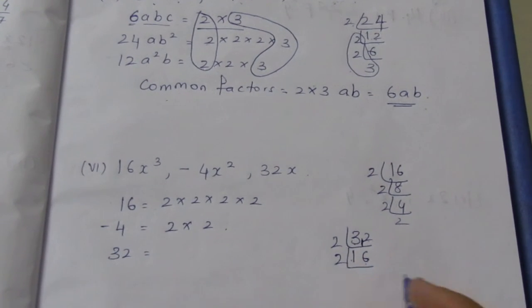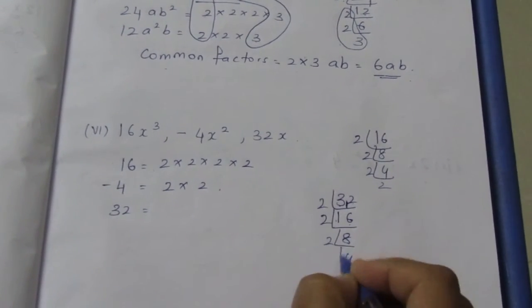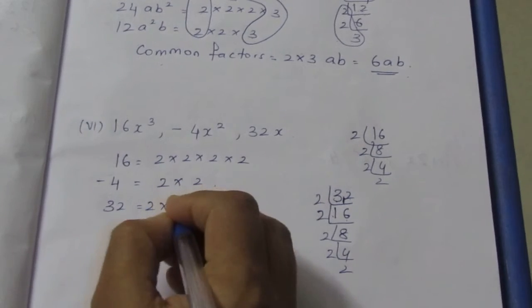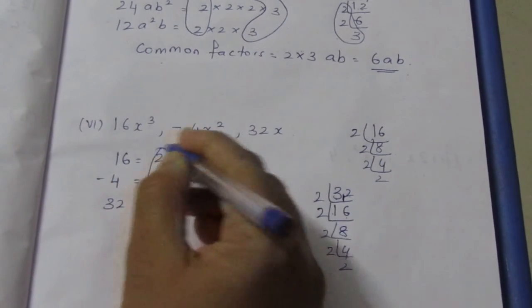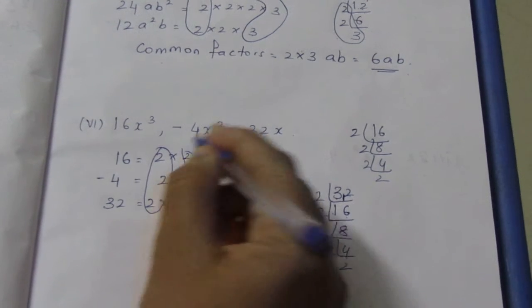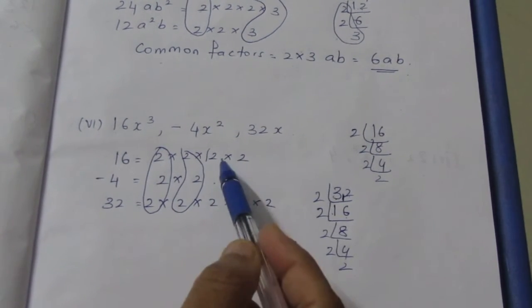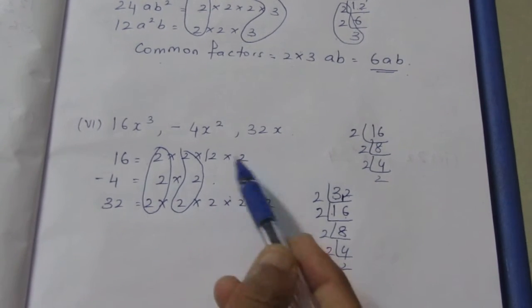It goes in 2 tables. 2 sixteens are 32. 2 eights are 16, 2 fours are 8, 2 twos are 4. Here we have five 2s, so 2 into 2 into 2 into 2 into 2. Now circle the common numbers. They should be common in all the 3. Though we have common 2s in these two, we can't take them, which should be common to all the 3.